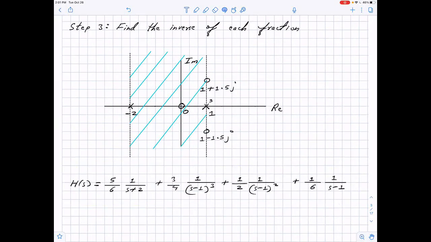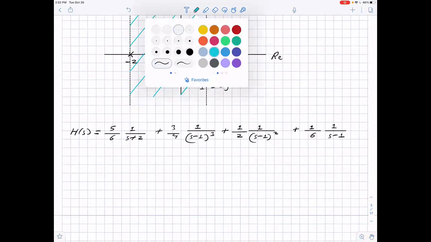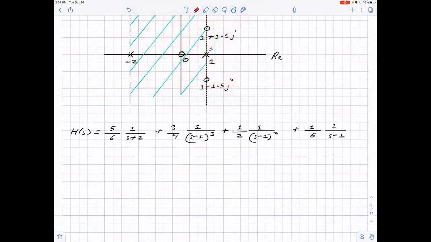Okay, so let's look at this pole. The pole is at s equals -2, and the factor associated with that pole is 1 over (s + 2). And the inverse of such a ratio could be of the form e^(-at) u(t), or it could be of the form -e^(-at) u(-t).